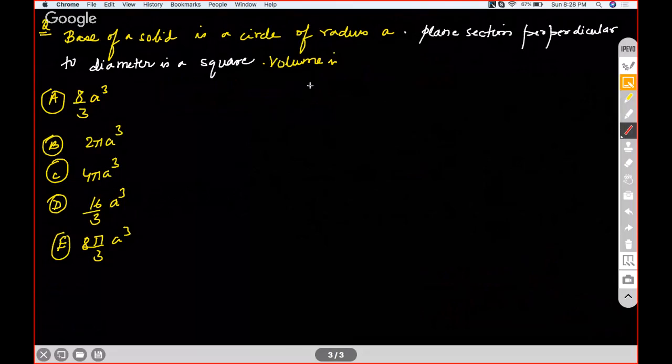So let's say this is your circle of radius a, and you are making a thin cross section like this.